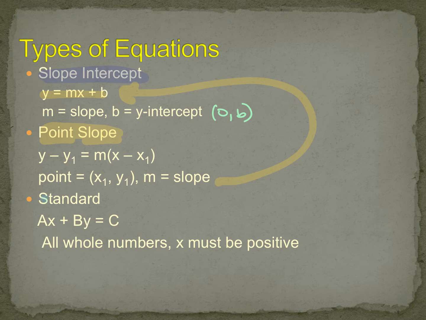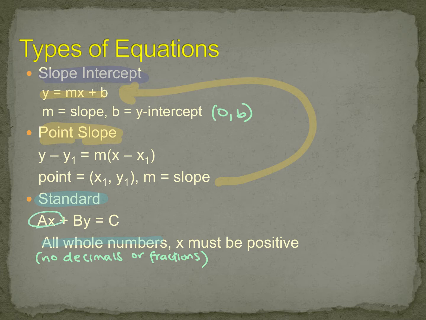And last but not least, standard form. Standard form is ax plus by equals c, where they are all whole numbers, so no decimals, no fractions. And x must be positive, so specifically the coefficient on x has to be positive.